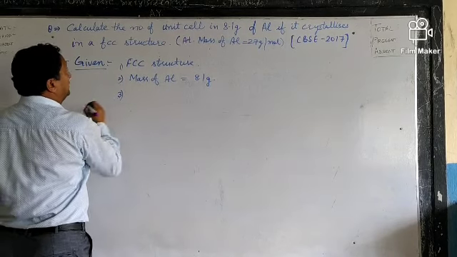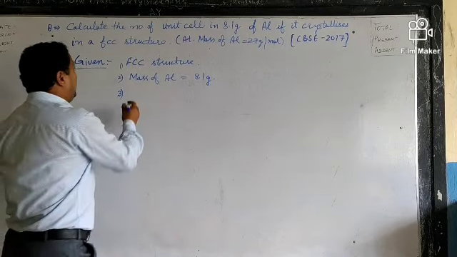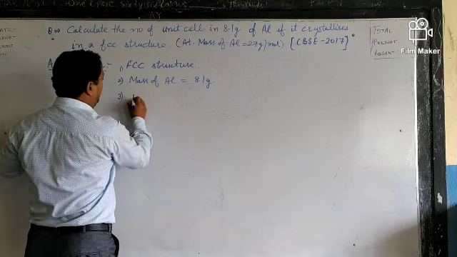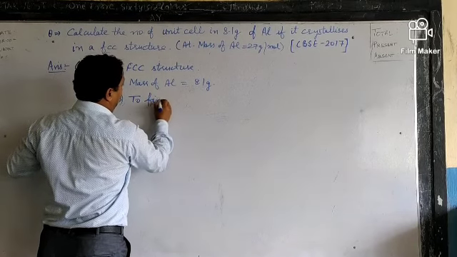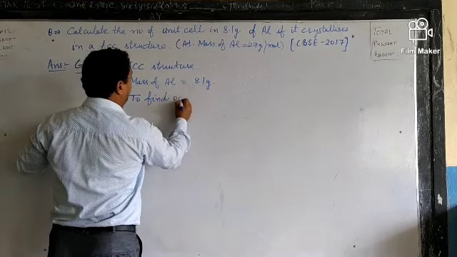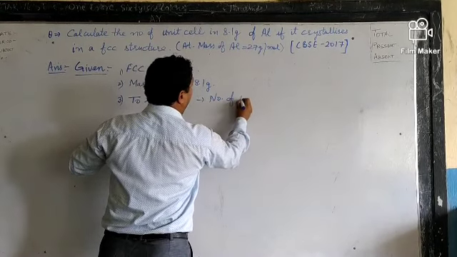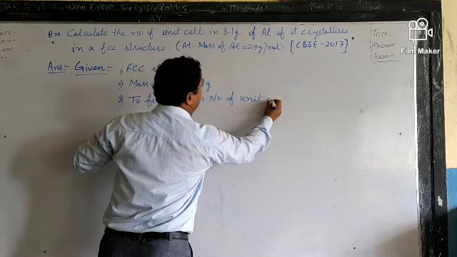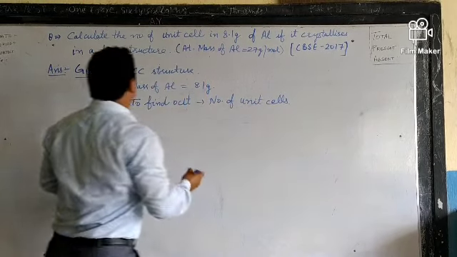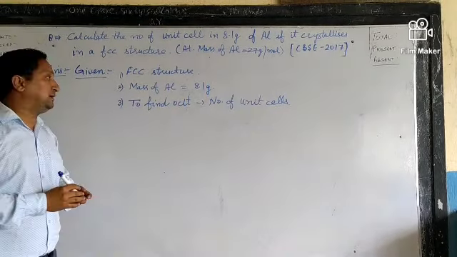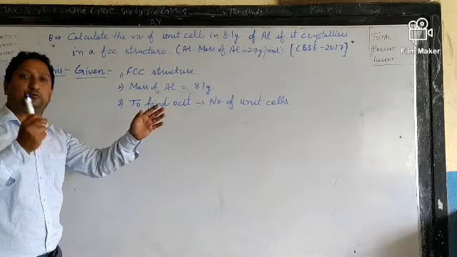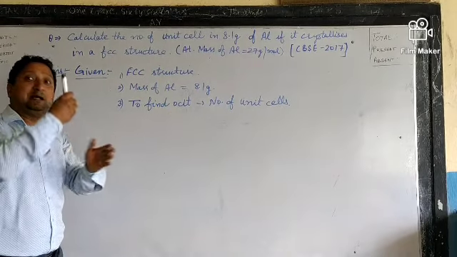Third, what we have to find out? Number of unit cells. Now what is given and what we have to find out? We have to start finding a relationship.